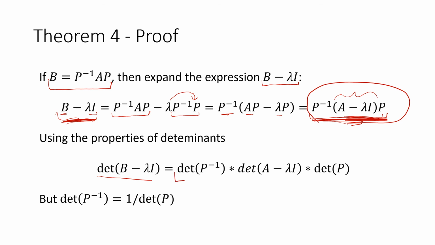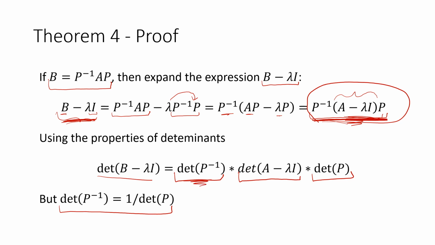So what's the determinant of P inverse times the determinant of A minus lambda I times the determinant of P? But now, remember another property of determinants, that the determinant of an inverse is equal to the inverse of the determinant. So the determinant of P inverse is equal to 1 over determinant of P.